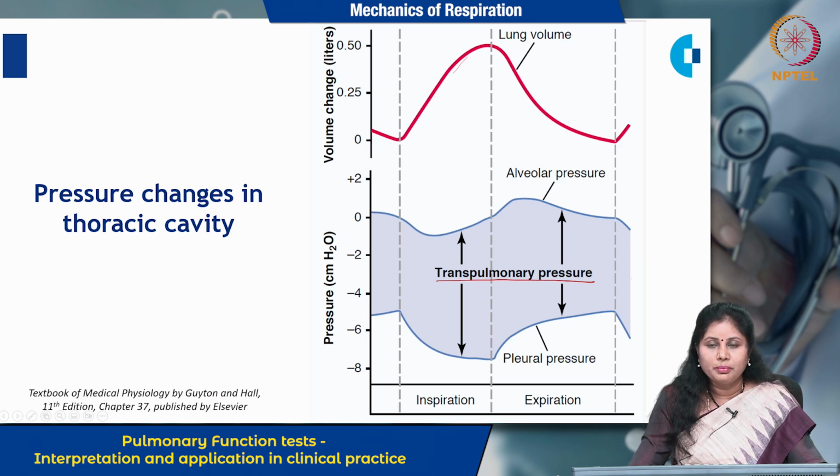The concept of transpulmonary pressure was also discussed, which reflects the elastic recoil of the lungs. Whenever the pressure became more negative, there was inflation of around 0.5 liters of air into the lungs, and the same 0.5 liter of air was lost during expiration.